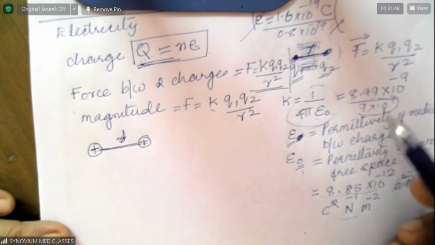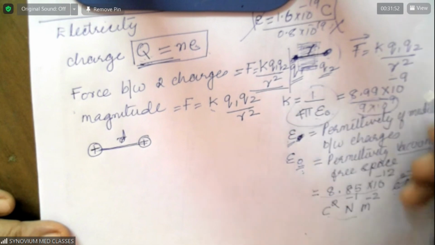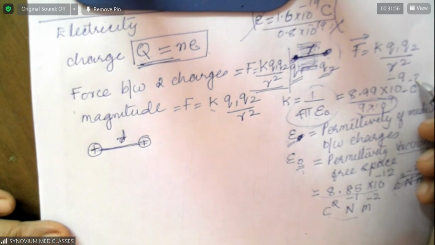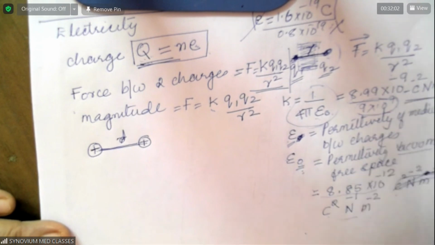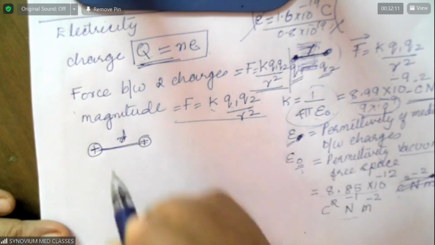If this is the unit of epsilon, which is a constant, what is the unit of K? The K unit will be the inverse of this: Coulomb minus 2, Newton meter square. So this is how you find the magnitude of the force.